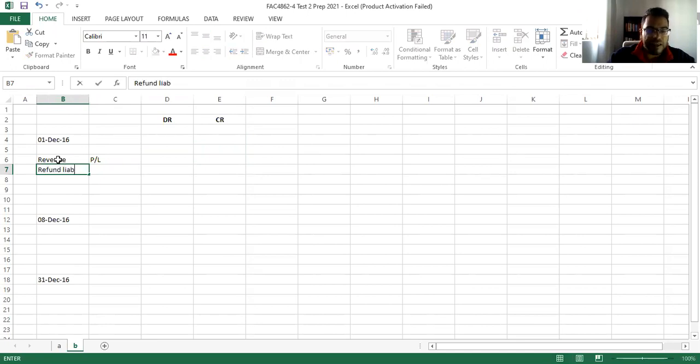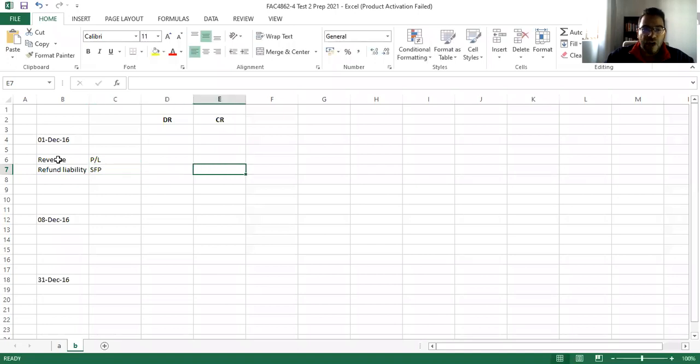As you can see, the word liability is there, so it's a balance sheet number, it's going to SFP. Over here will be 97% of the revenue amount relating to the computer. Over here will be 3% of the revenue amount relating to the computer.